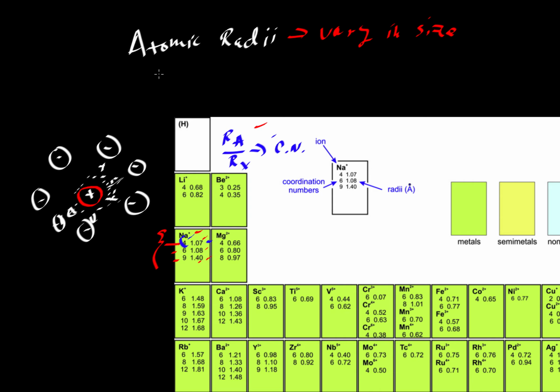Now, that is just one effect. So atomic radii can be affected by coordination number, but then there's also the effect of charge. The greater the charge on an atom, so if you take a look at magnesium over here with a 2 plus charge, then the smaller the cation will be. If we have 2 plus charge compared to the 1 plus charge, notice that all of these sodium fellows are greater than 1 angstrom. These fellows are all less than 1.